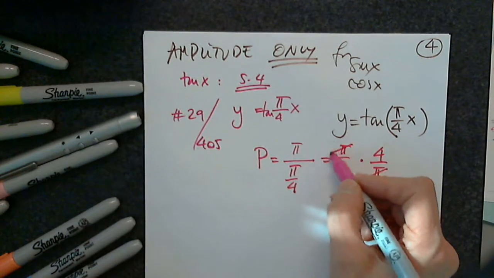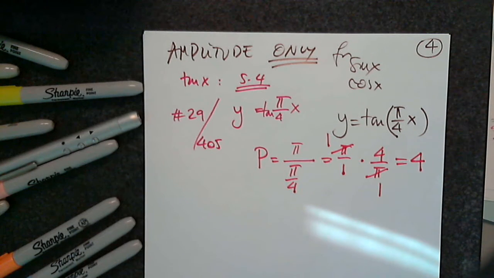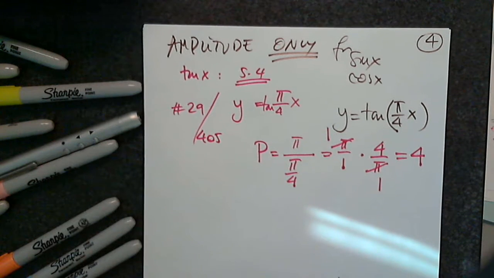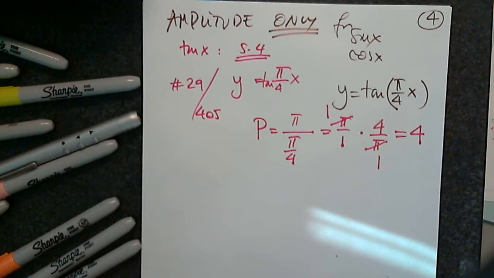I simplify by pi and I get 4. Any questions on finding the period?